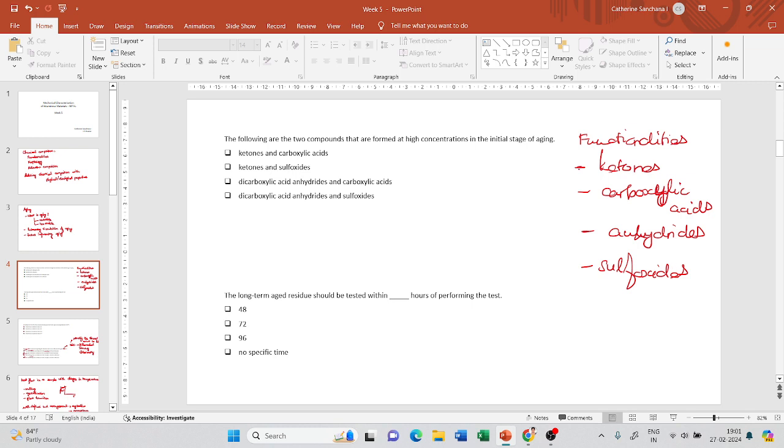Out of these, three are compounds which are freshly formed on aging, which are not present in bitumen as such. But after aging, they were able to identify these functionalities in bitumen. But this carboxylic acid, they were able to capture both before and after aging. So this I wanted to say.